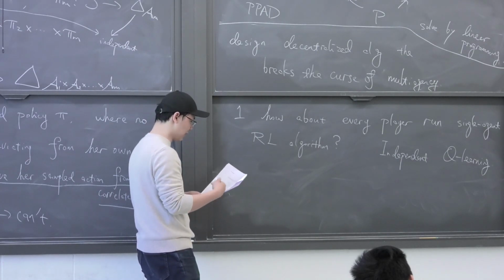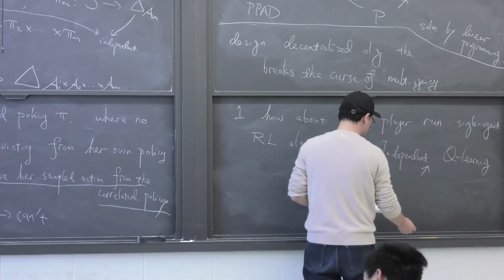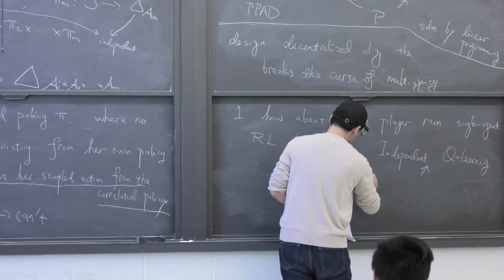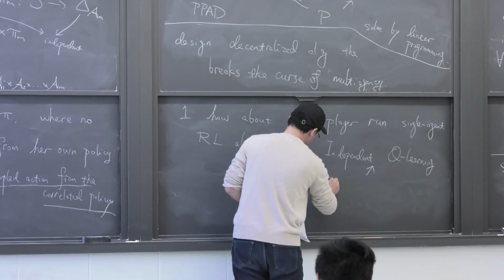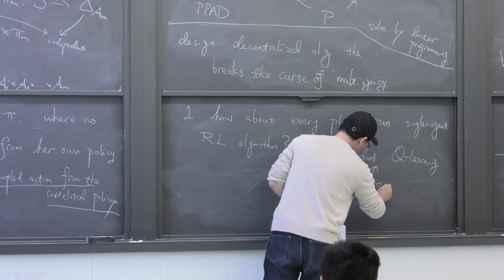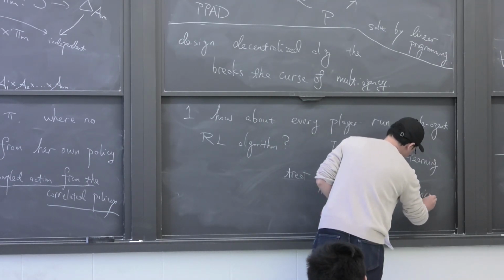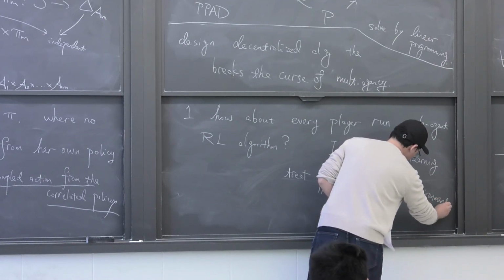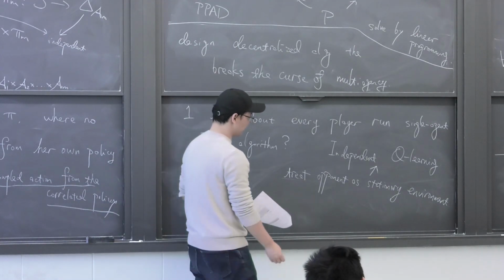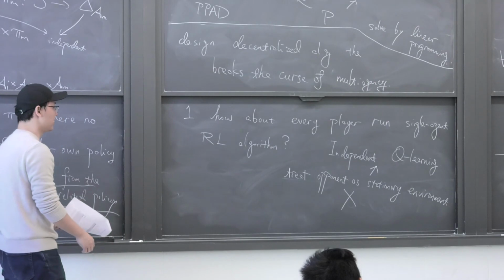Opponents are changing and adaptive. This kind of algorithm treats opponents as stationary, which is definitely incorrect.